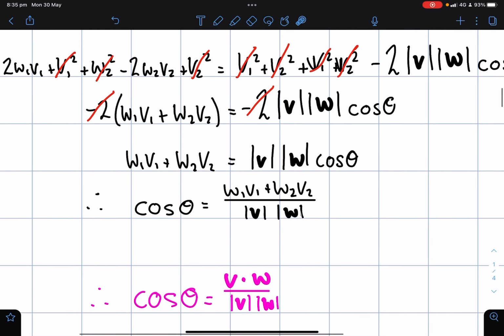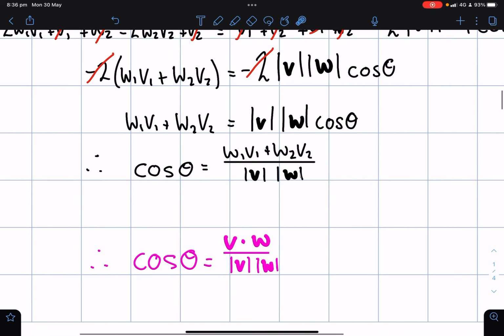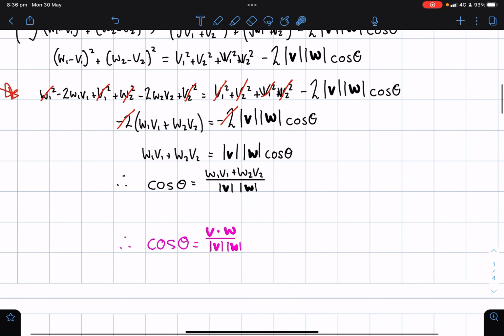So that is how we get our final result. So cosine of theta is equal to vector v dot vector w divided by the magnitude of v multiplied by the magnitude of w. And that is our final proof.